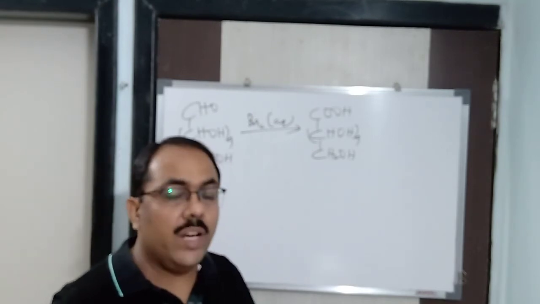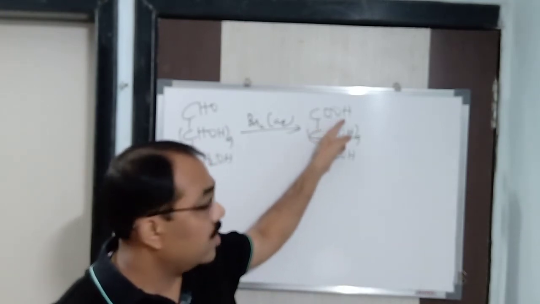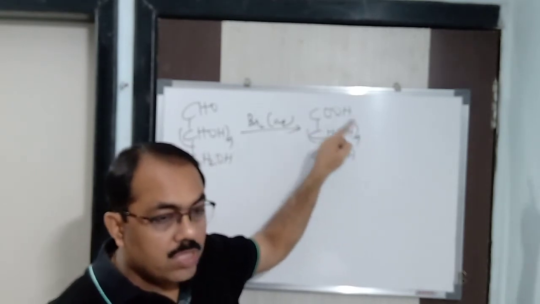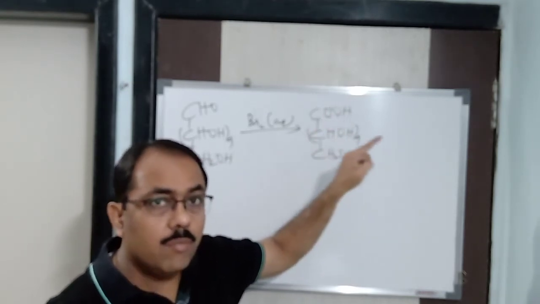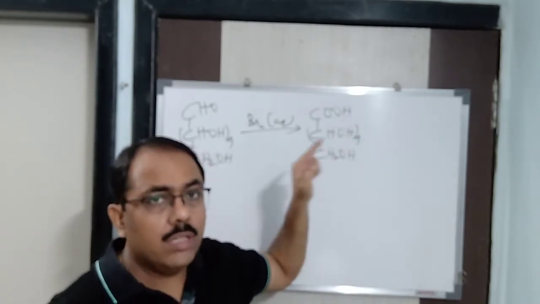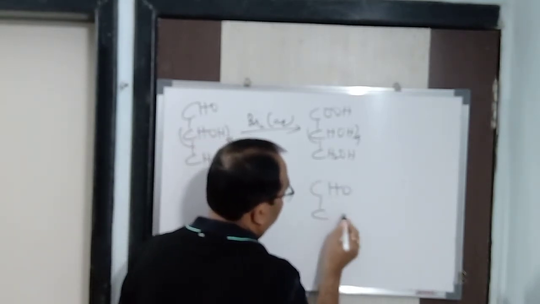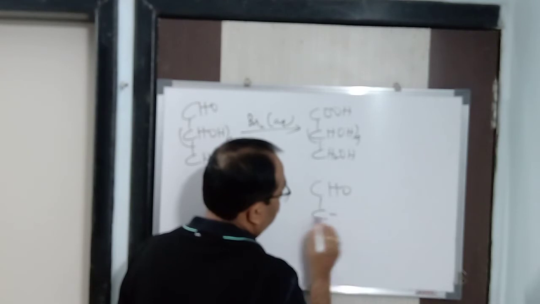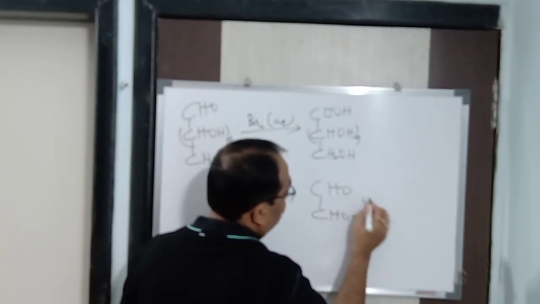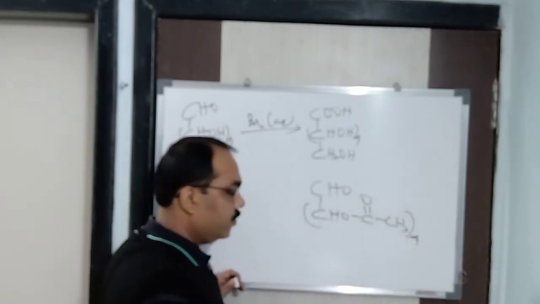Again I repeat, when it reacts with acetic anhydride, what you will be getting? You will be getting here CHO, single bond, CHO, C double bond O, single bond CH3. Again I repeat, CHO, then C double bond O, CH3 whole 4.